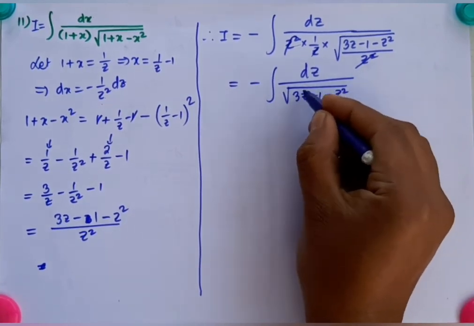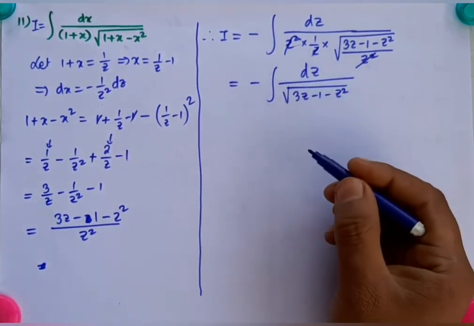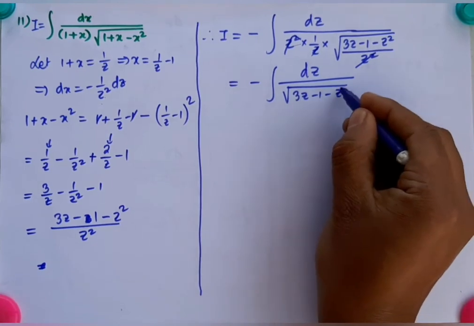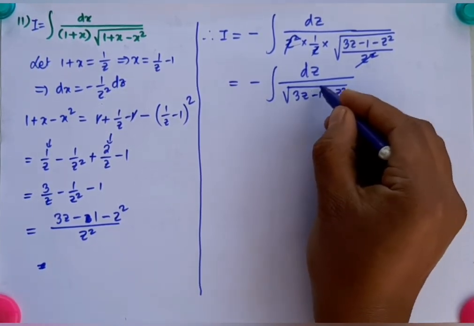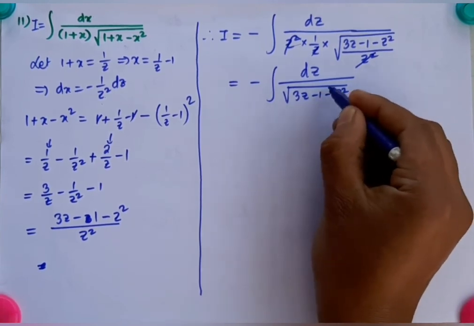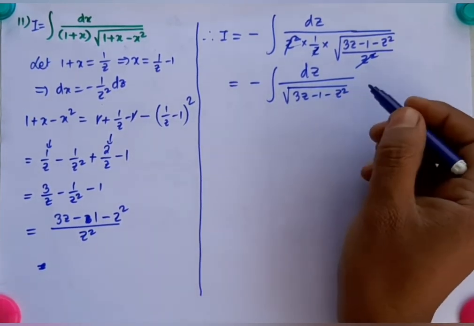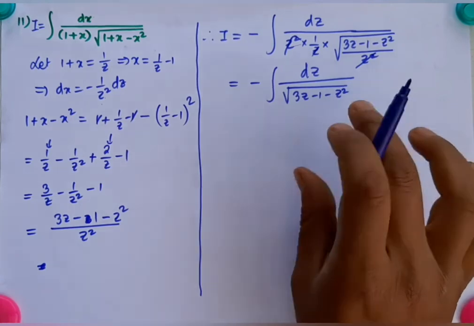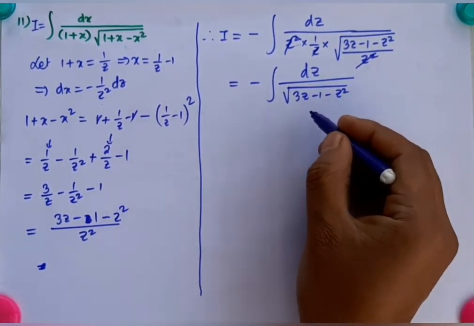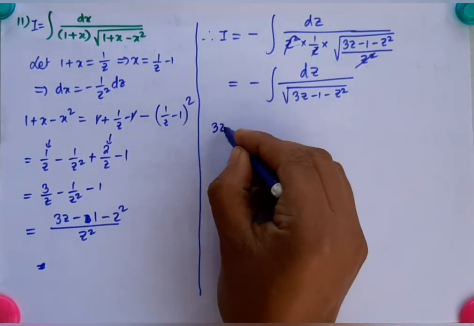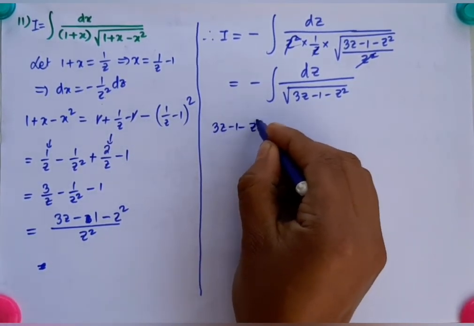Now again, this is falling under the same category. We need to write this as a sum or difference of two perfect squares. That's the rule. I'll just show that part and give you the final answer. You will try it by yourself. So we have 3z minus 1 minus z square.